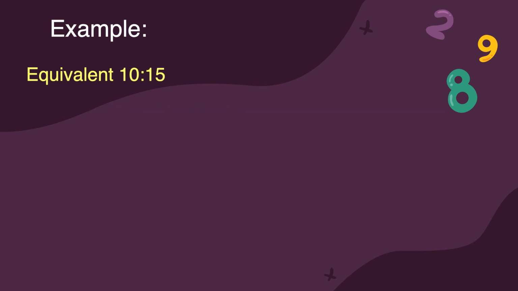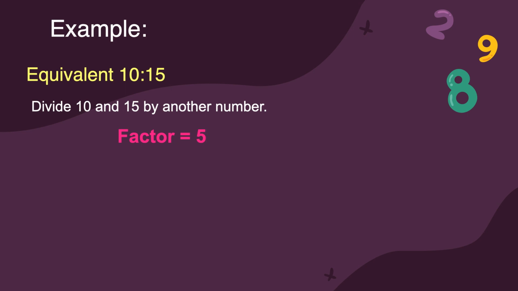Let's look at another one. Suppose we have the ratio 10 to 15. Again, we are going to either multiply or divide. In this case, we'll use the operation of division and divide the numbers 10 and 15 by another factor. Let's divide by the factor of 5.